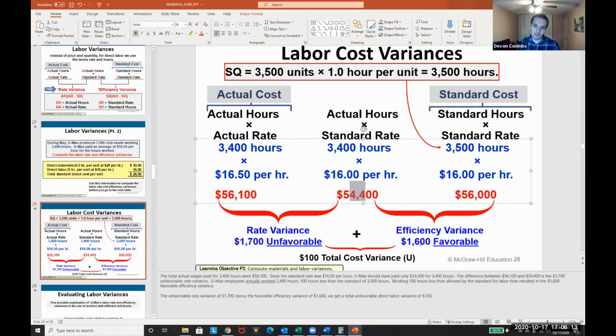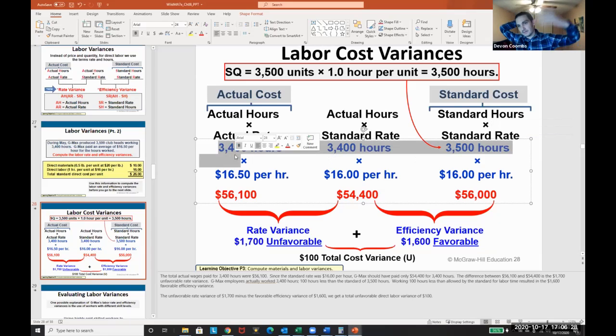So we spent more per hour, but we had more efficient workers. We find that by $56,100 minus $54,400. And this makes sense because we expected it to take 3,500 hours, but we actually spent 3,400 hours. So we spent less than we expected. So obviously we had an efficiency variance, but then because we have more cost associated with it, we spent more per hour. We had a big rate variance that was unfavorable.